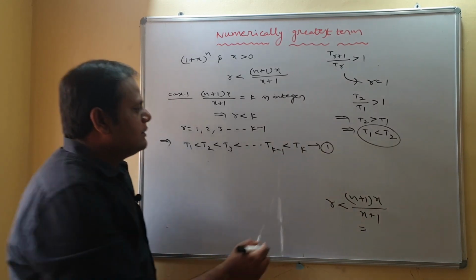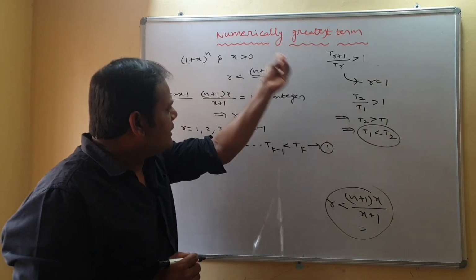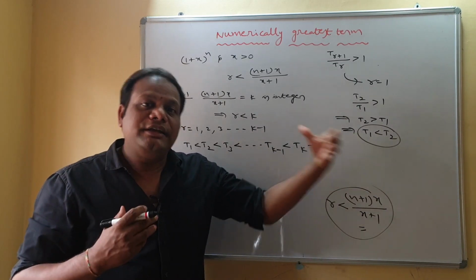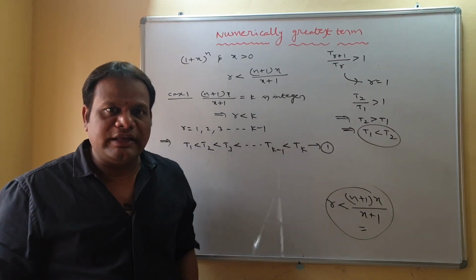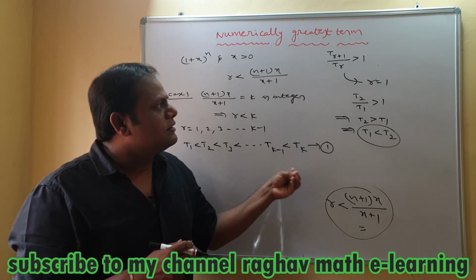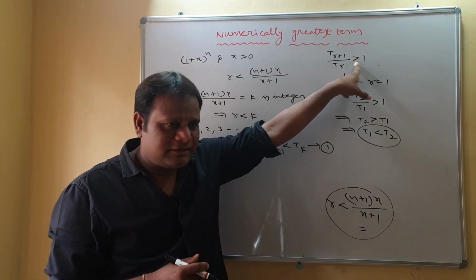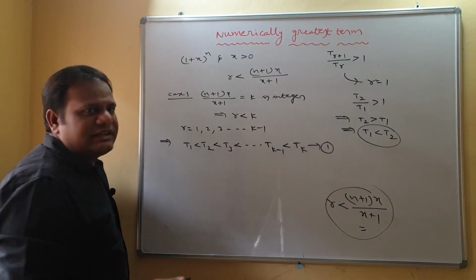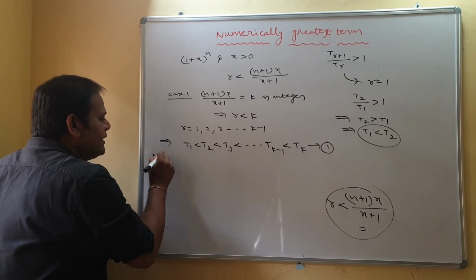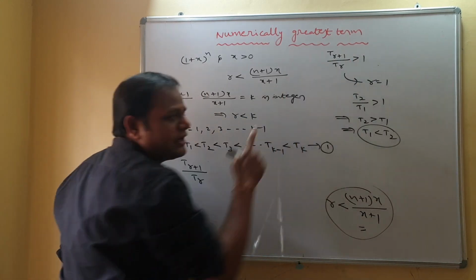Next, see now. In any binomial expansion, we know that the terms increase up to one term and after that decrease. To find for what values of r the terms increase, we have taken t(r plus 1) by tr greater than 1.